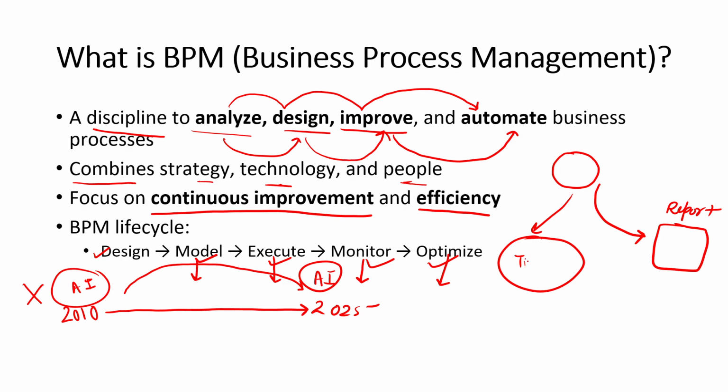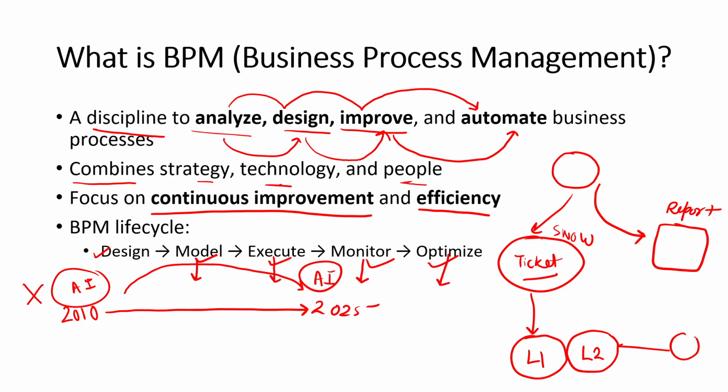To do anything in big organizations, we need to raise a ticket, a snow ticket. That ticket will follow certain sets of approvals, like L1 approval, L2 approval, or any kind of approval flows. When everything is completed, the process ends successfully, and only then can the user access the site. If L1 approval declines it, the user will not be able to access it. So that's the business flow.